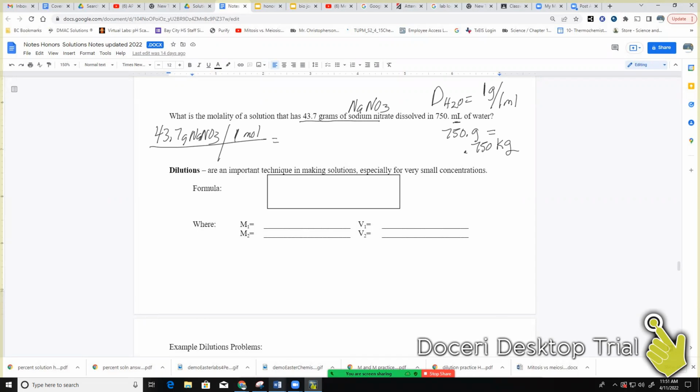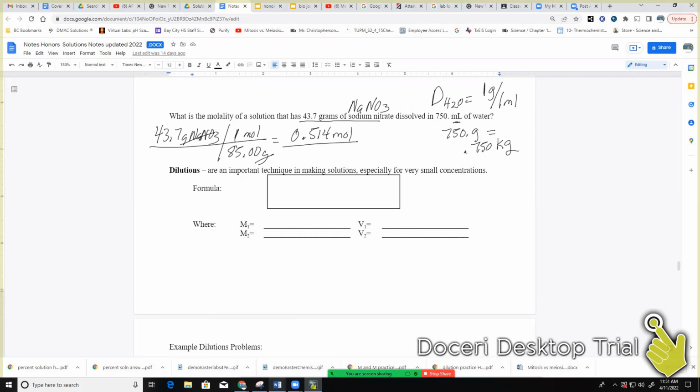So I'd have to do the molar mass, which is 85 grams. My number's going to get smaller because I'm dividing. 0.514 moles.